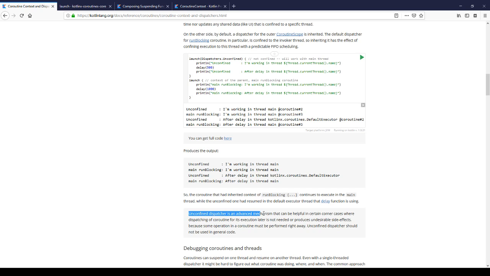Unconfined dispatcher is an advanced mechanism that can be helpful in certain corner cases, where I think this means that we don't usually use it, where dispatching of coroutine for its execution later is not needed or produces undesirable side effects.